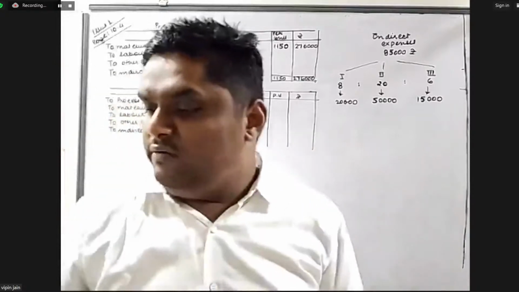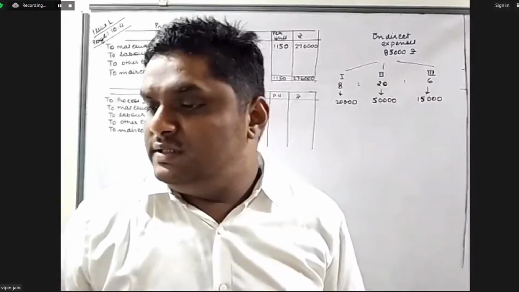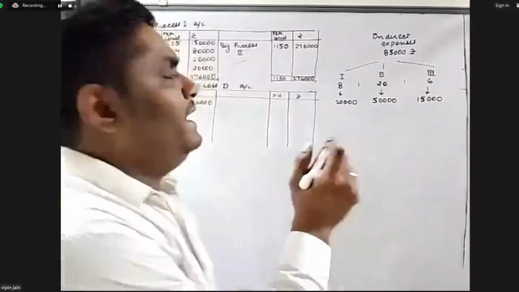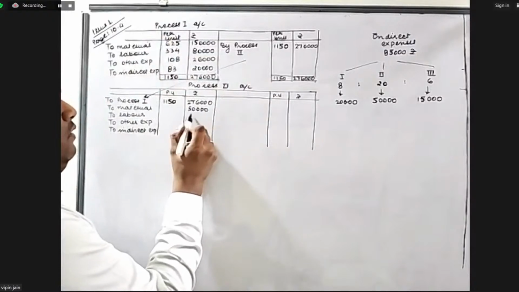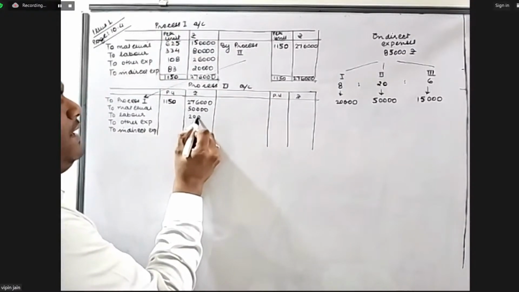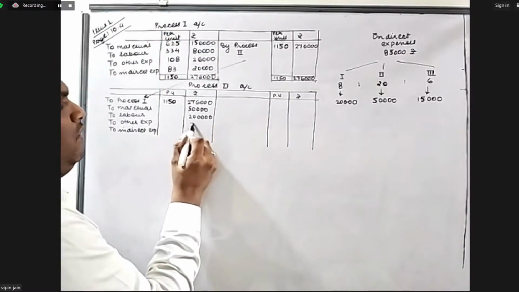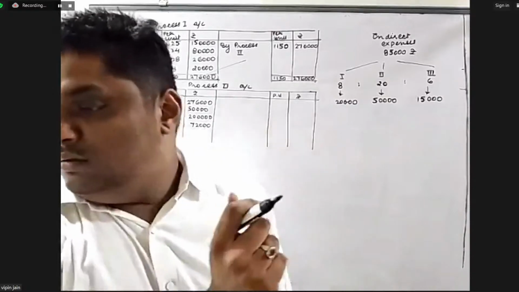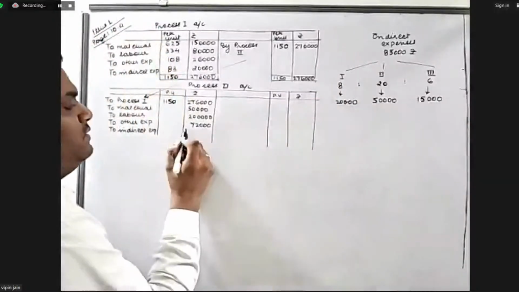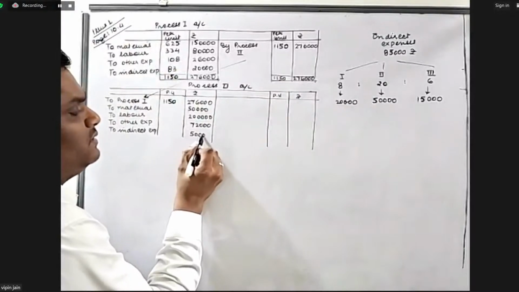The information is given in the question as regards all these expenses. That is 50,000, 2 lakh and 72. So 50,000, 2 lakh, 72,000 and then 50,000, that is my indirect expense.